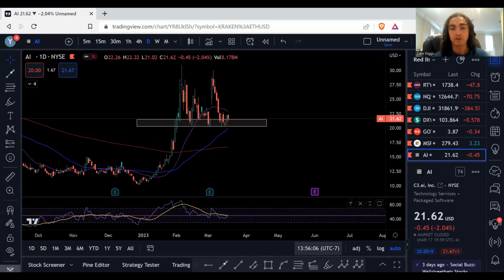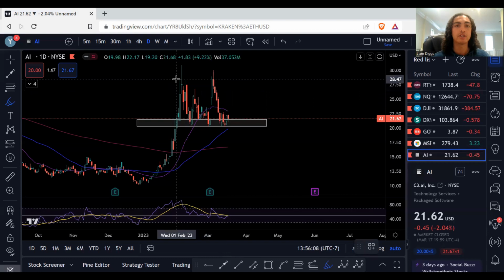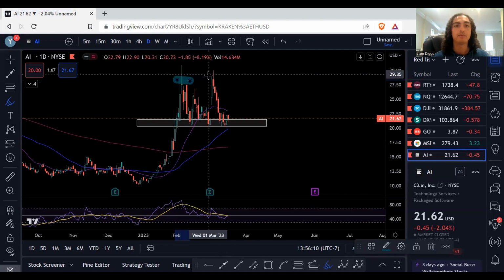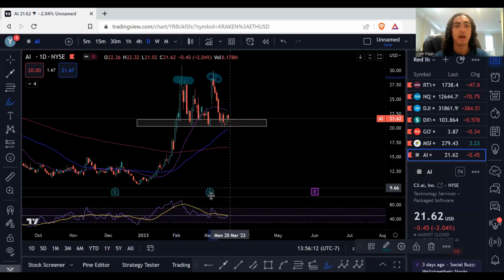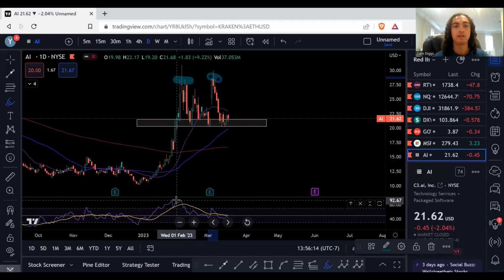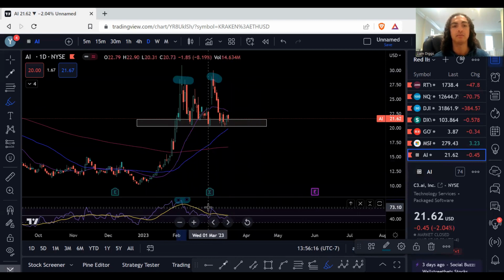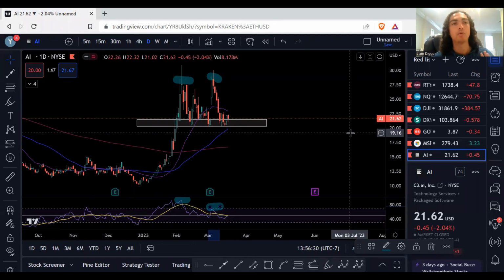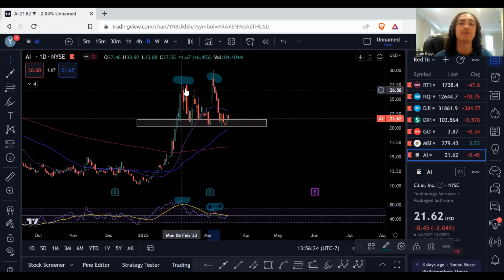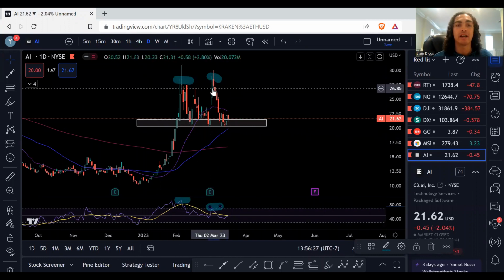Now, what I'd like to draw your attention to is price action here and here, and the corresponding RSI movements here and here. Just earlier, I was talking about bullish RSI divergence, and what we have right here is bearish RSI divergence.